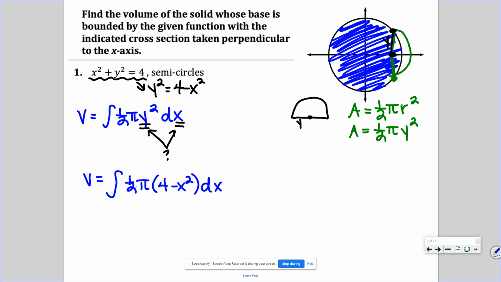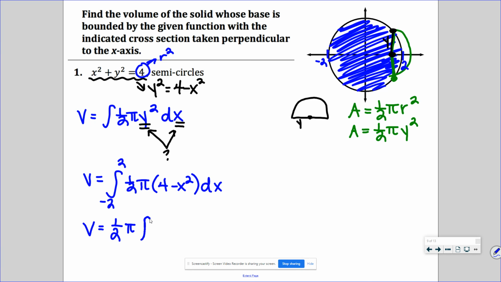Also, in your circle, this number here is the radius value squared, which means that our circle has a radius of 2. That tells me that the space I'm creating for my 3D figure goes from -2 to +2 on the x-axis. So those will be your interval values.